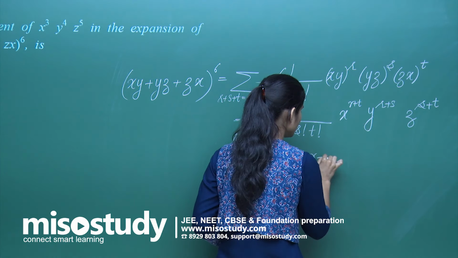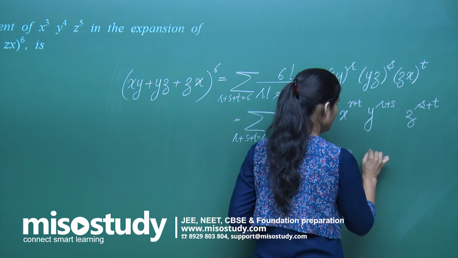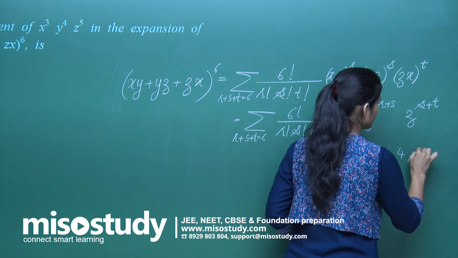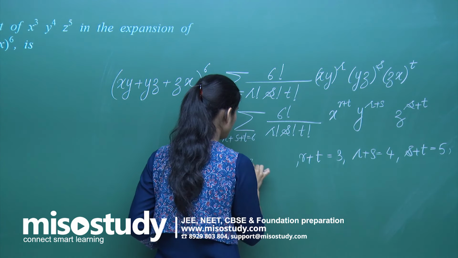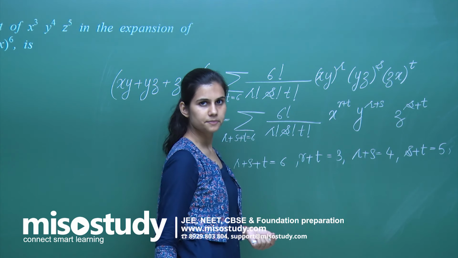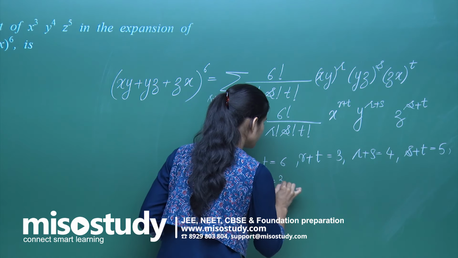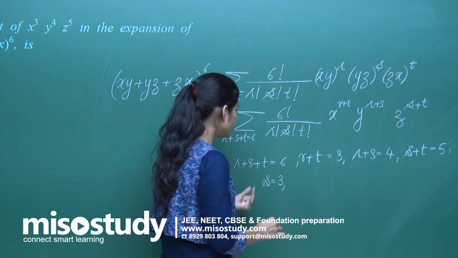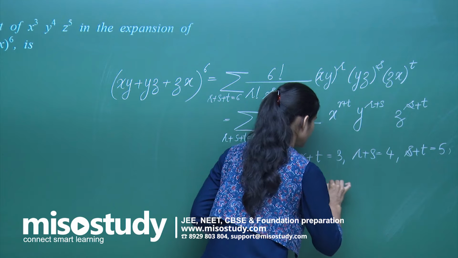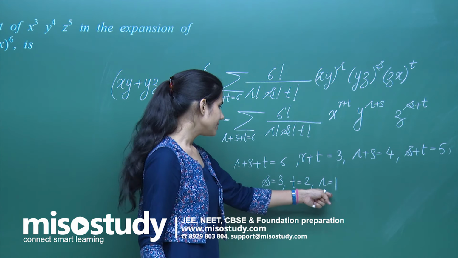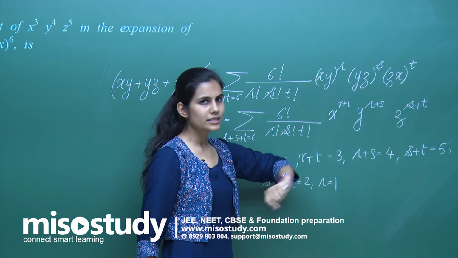So you want r, s and t's values such that r plus t is 3, r plus s is 4 and s plus t is 5, such that r plus s plus t is 6. If r plus t is 3, s automatically comes out to be 3. If r plus s is 4, t comes out to be 2. And if s plus t is 5, r comes out to be 1. So r, s and t should be these to give you x cube, y to the power 4 and z to the power 5.